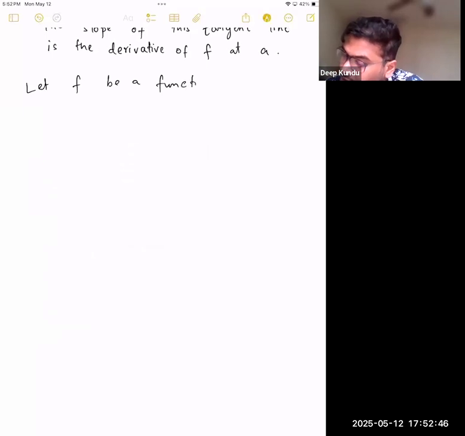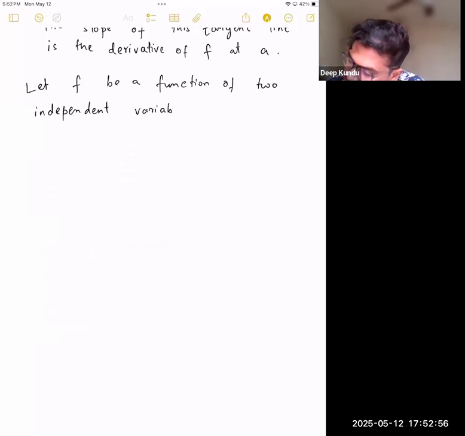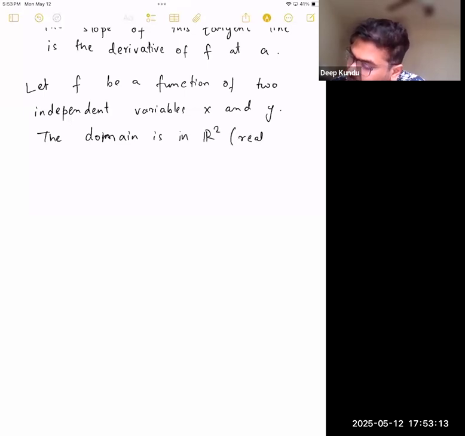So let f be a function of two independent variables, let's say x and y. Now, in this case, the domain is in R2. This is the real plane.